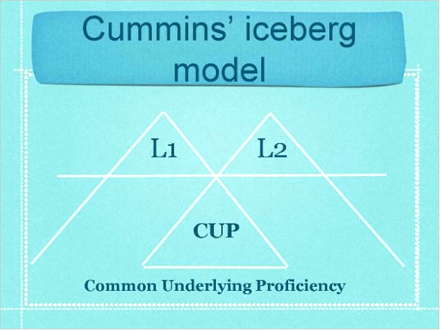So, in other words, the theory being that the stronger children's cognitive underlying proficiency is in their first language, the more this will benefit them when they come to learning their second language as well.